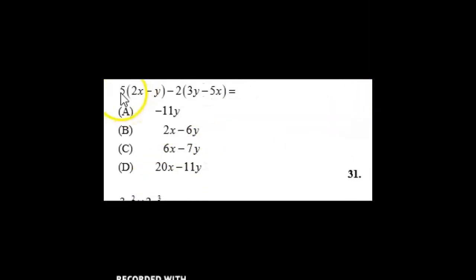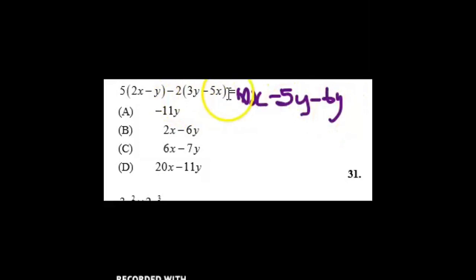We're going to multiply what is outside of the bracket with what is inside of the bracket. So 5 times 2x would have given us positive 10x. 5 times negative y, negative 5y. Negative 2 times positive 3y, negative 6y.